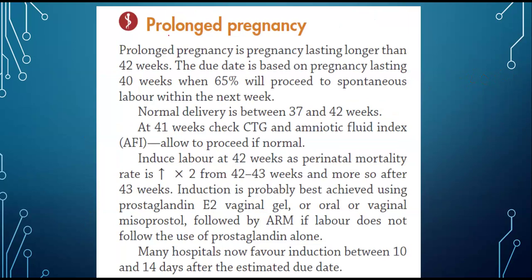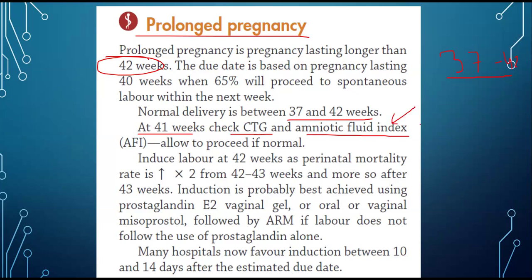Next, prolonged pregnancy. We say that term means 37 to 42 weeks. Prolonged pregnancy is if pregnancy is lasting longer than 42 weeks. So normal delivery is between 37 to 42 weeks. At 41 weeks, you'll do a CTG and amniotic fluid index. Amniotic fluid index will give you an idea if the patient is developing oligohydramnios, which means lack of amniotic fluid around the baby.